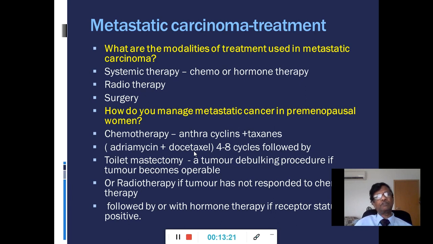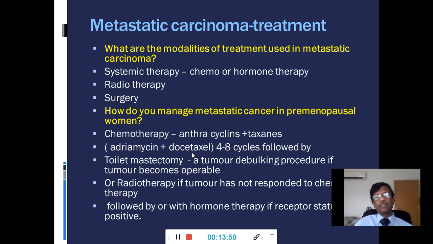So systemic therapy is the first line of treatment. Either chemotherapy or hormone therapy can be given. If the patient is unable to tolerate chemotherapy, then hormone therapy can be given, and along with it, radiotherapy can be continued to the local breast region. After the tumor becomes operable, surgery can be done.